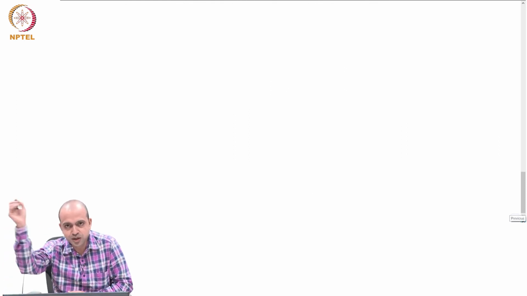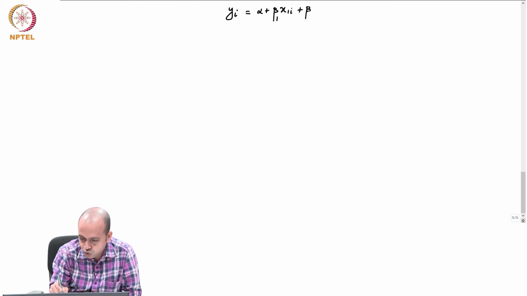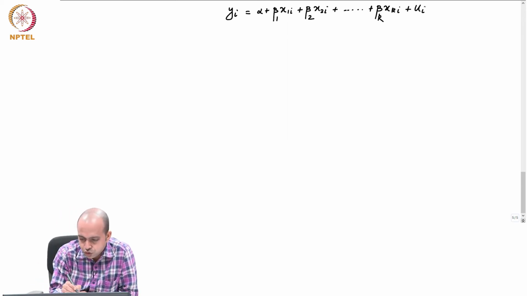Once we estimate, lastly what we need to do? We need to interpret yi equals alpha plus beta 1 x1i plus beta 2 x2i plus dot dot dot beta k xki plus ui. When I am writing this model, this is for a k variable model, how do you interpret beta 1 hat?